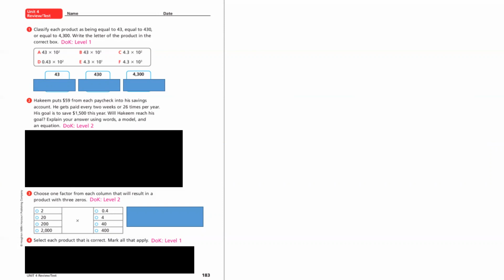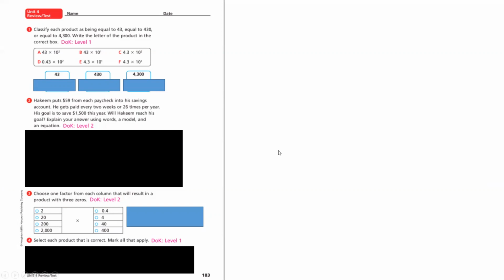Number one, classify each product, which is your answer to a multiplication. Classify each answer as being equal to 43, or equal to 430, or equal to 4,300, and then put that letter in the box. Okay, so A, 43 times 10 to the second power.